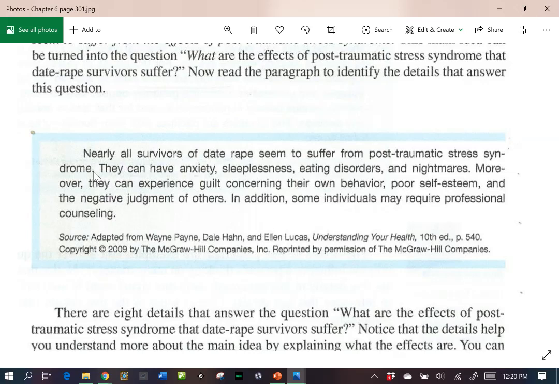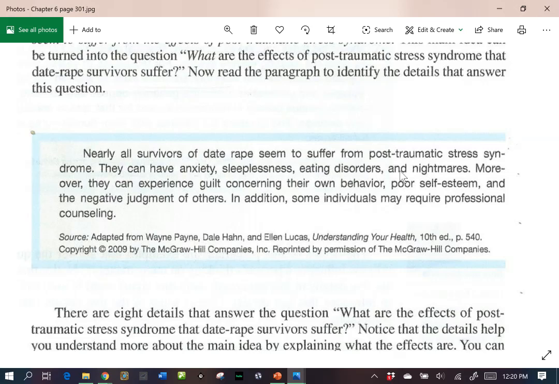Here, this first sentence is our stated main idea. And then if we look at the last three, sentences 3 and 4 have our signal phrases, in addition and moreover, so we can tell that those are supporting details. But if you look at sentences 2, 3, and 4, each sentence has more than one detail. Sentence number 2 says that they have anxiety, that's number 1, sleeplessness, number 2, eating disorders, number 3, and nightmares, number 4.